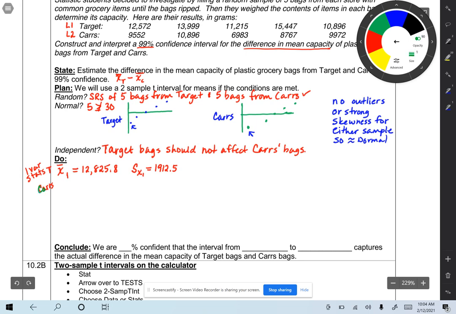Cars, 9,234 grams. Its sample standard deviation is 1,474.2 grams.